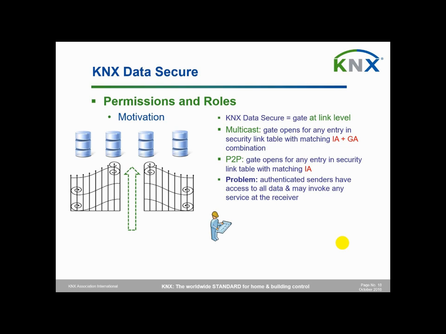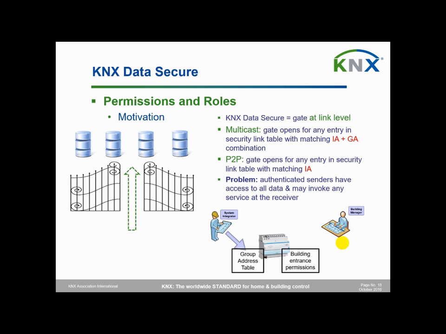Here I try to explain it with an example. Here we see the system integrator, and here the building manager. They want to have access to the same device, however in a different role. Here's the KNX Secure device, which has a group address table and building entrance permissions settings.